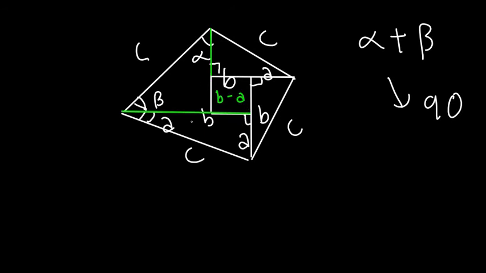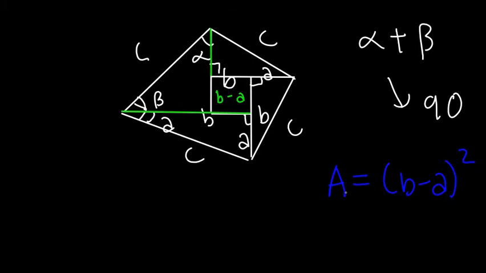Or if you write the side lengths differently, this would be a minus b. So the area of this small square is going to be equal to b minus a squared.